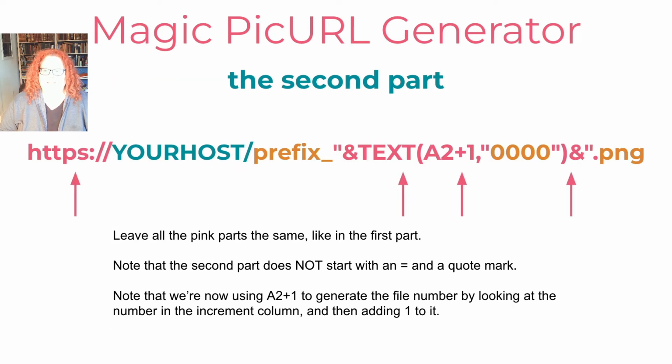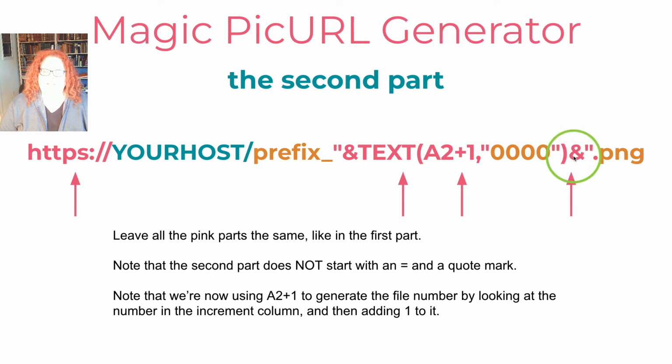All right, this is the second part of the formula. You'll notice it's exactly the same as the first part except for one thing. So we leave this stuff. There's no quote or equals at the beginning because we only needed to do that once. And we leave all of this stuff in pink, and we leave all of this stuff.